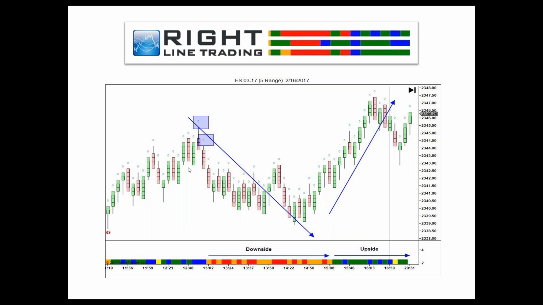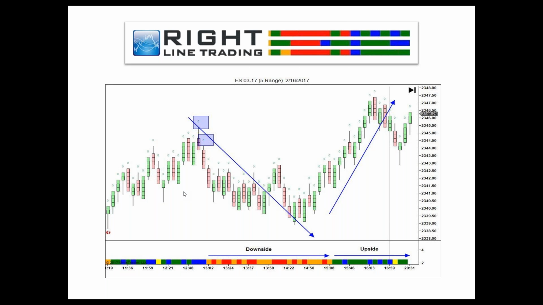Now, we also want to look at buy pressure and sell pressure on your two higher time frames. And this is one of the most powerful indicators because there is no other market profile that does this.